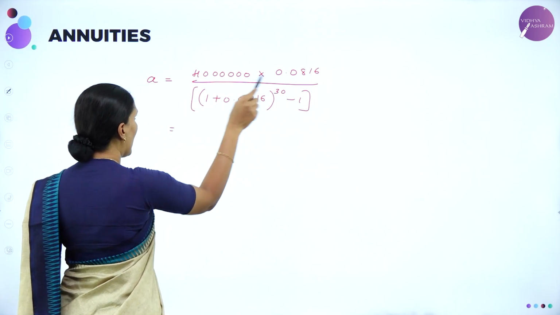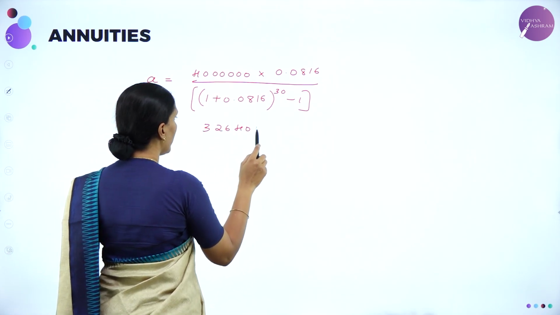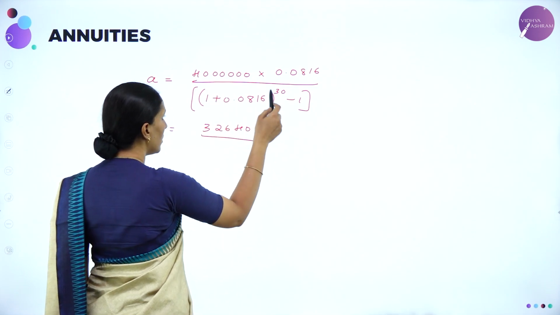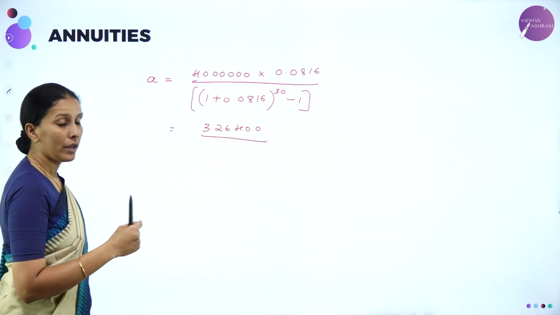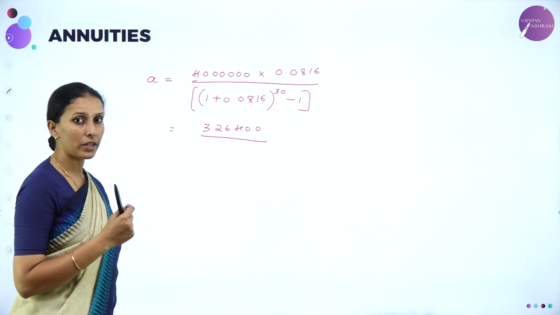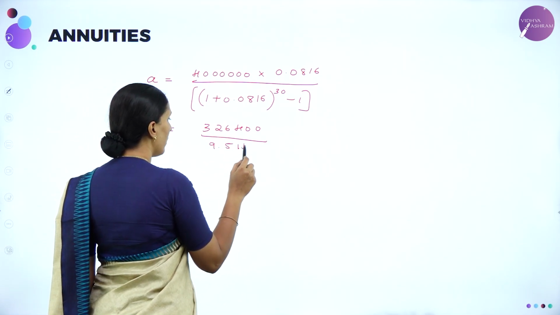Now the numerator value is 3,26,400. You need to take 1.0816 to the power 30, multiplying 30 times, and then subtract 1 using your calculator. Then the denominator value is 9.5146.